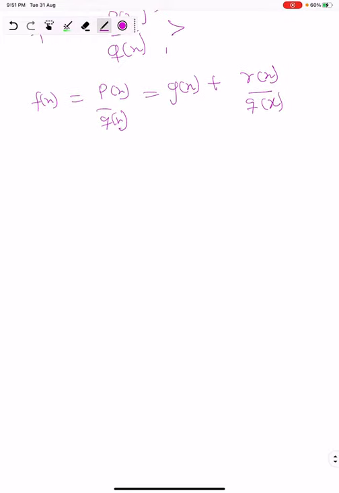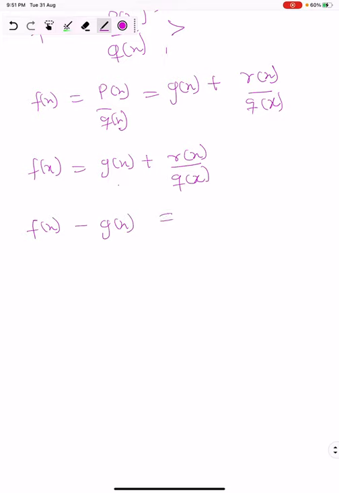So at the end we have f of x equal to g of x plus r of x, all divided by q of x. Now we can take the g of x to this side, so we have f of x minus g of x equal to r of x all over q of x.